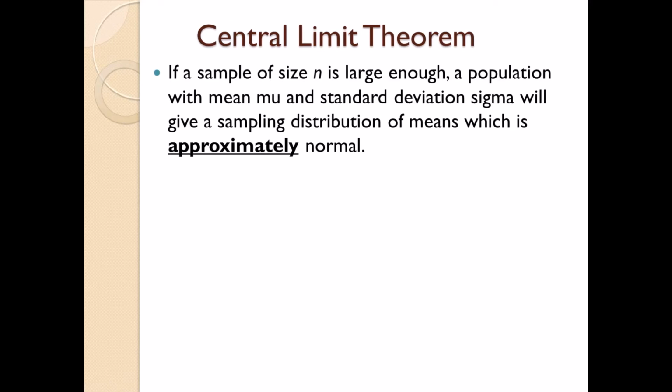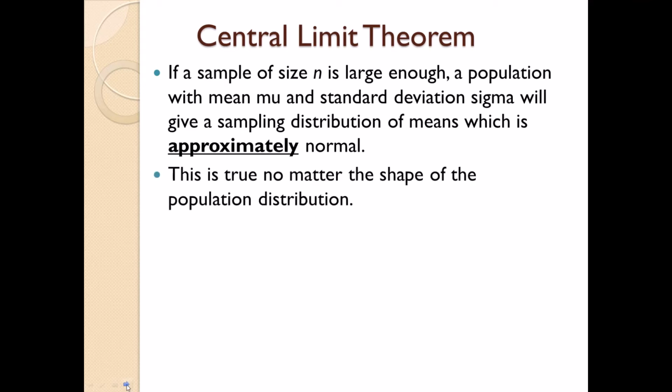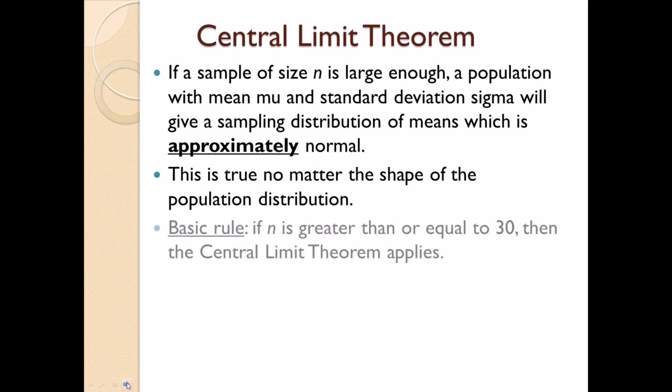That's why we have the central limit theorem. So if a sample of size n is large enough, a population with mean mu and standard deviation sigma will give you a sampling distribution of means, x bar values, which is approximately normal. And this is true no matter the shape of the population distribution. I'm going to show you that here in a moment.